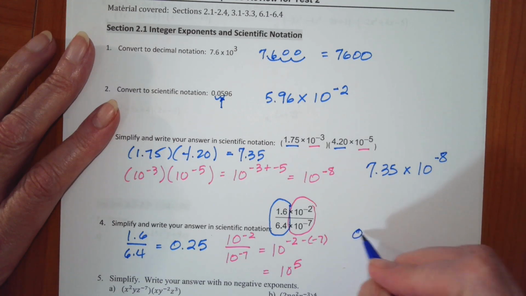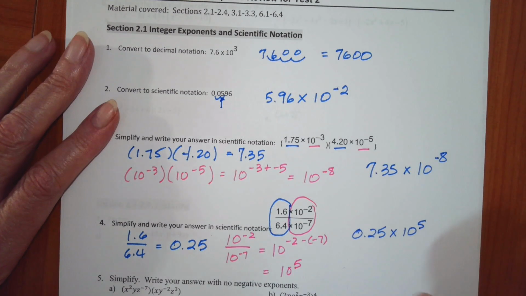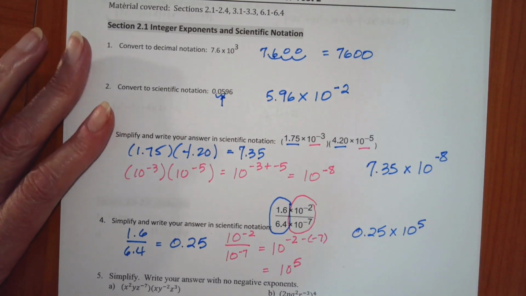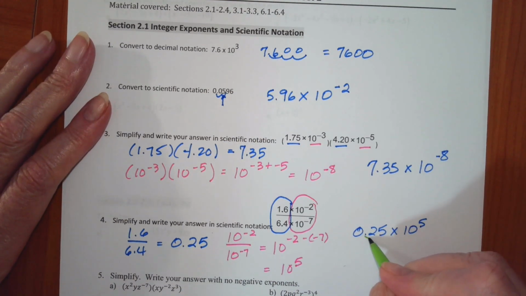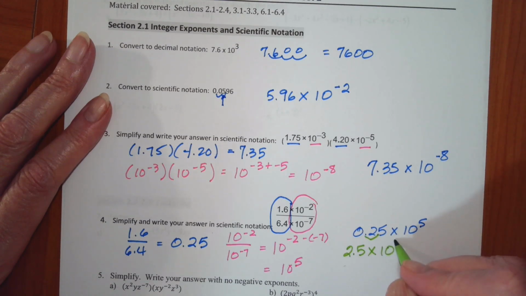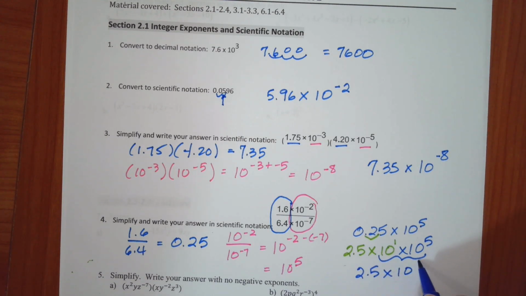So I start out with 0.25 times 10 to the 5th, but this is a problem. I have to write this in scientific notation. So I move this over here, so this becomes 2.5 times 10 to the first times 10 to the 5th, which ultimately gives me 2.5 times 10 to the 6th.